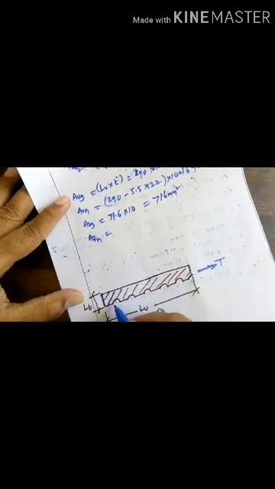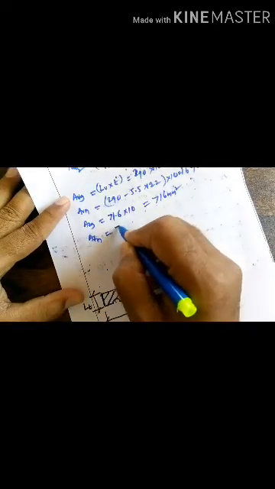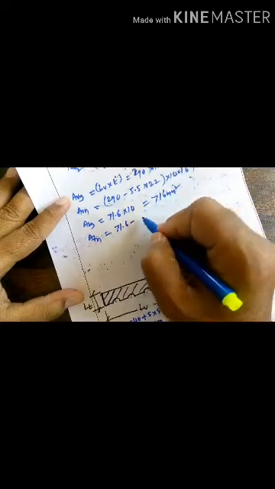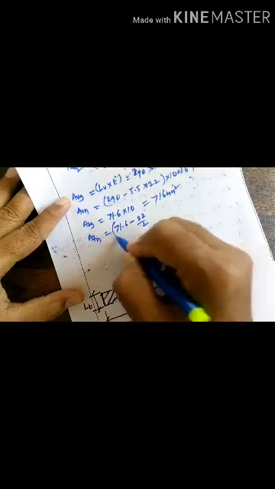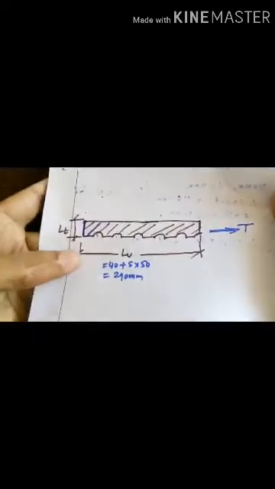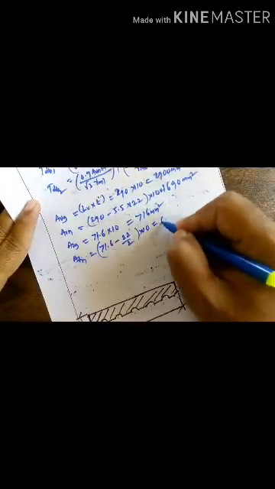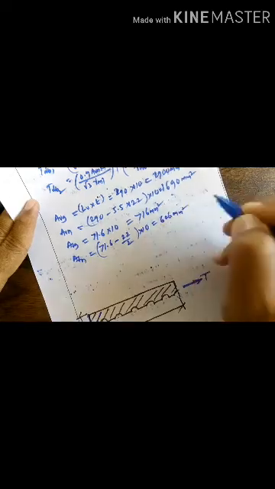Then for ATN we deduct the bolt hole: 71.6 minus 22 by 2, means half of the bolt hole is deducted, half of the bolt hole into thickness, we get 606 millimeter square.